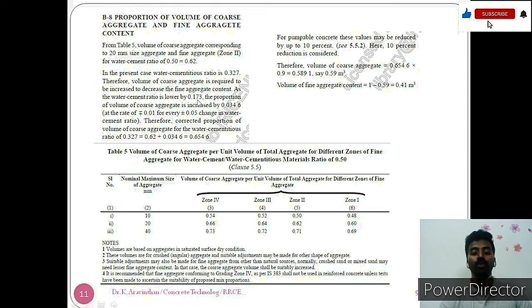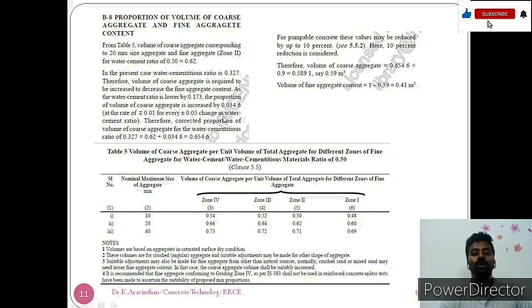So if you decrease the water cement ratio, you have to increase the coarse aggregate. There is a proportion for that: 0.01 for each 0.05 change of water cement ratio.